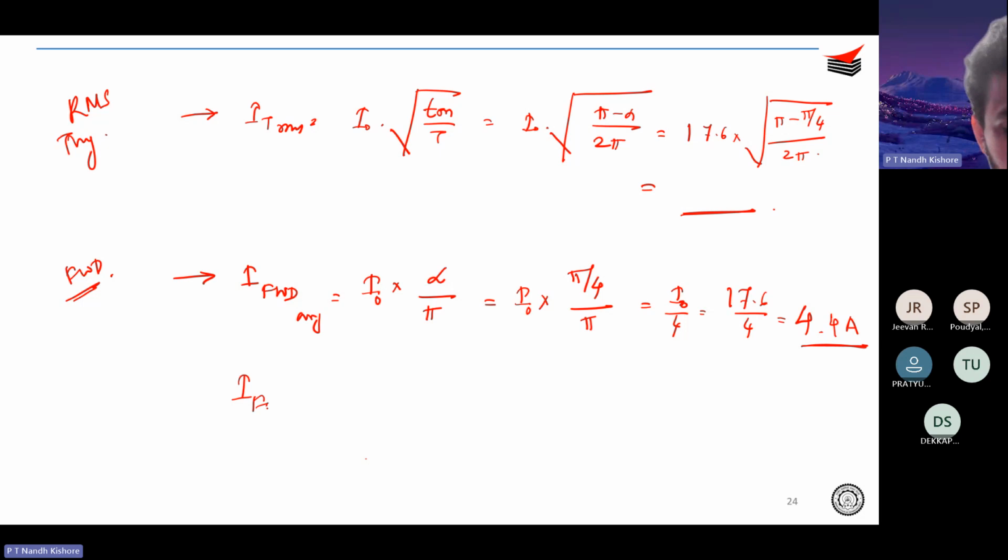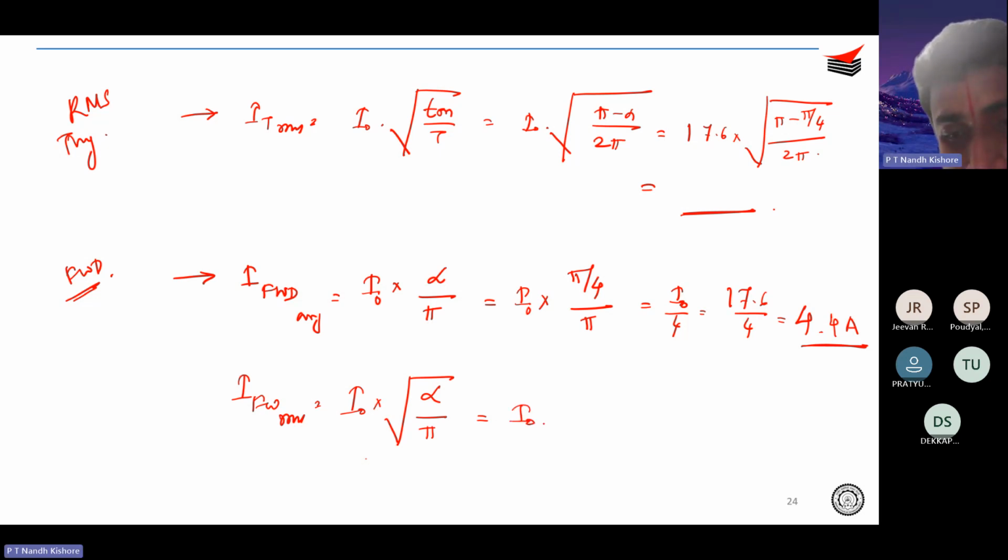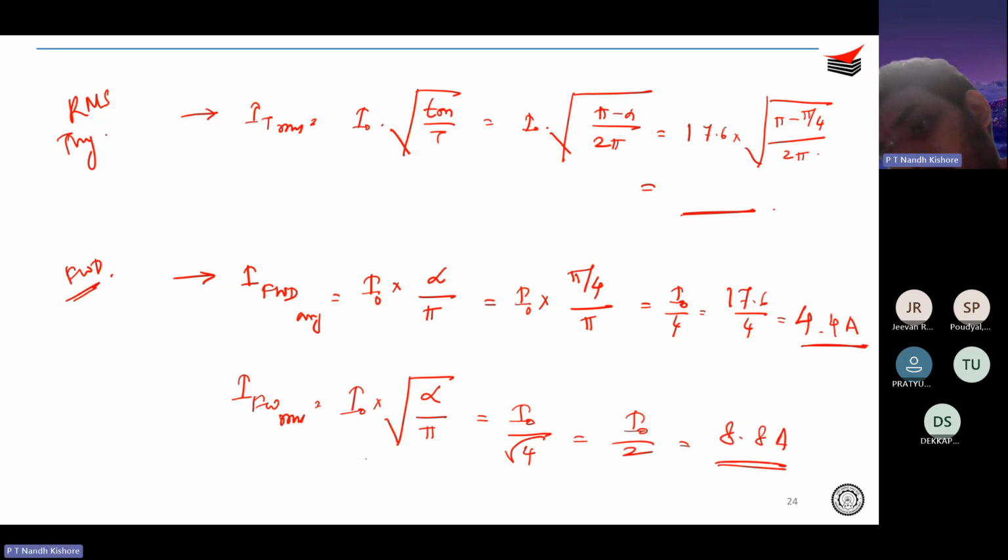And I freewheeling RMS is going to be I naught into root over the same value. Correct? So I naught by root 4, or I naught by 2, which is going to be 8.8 amperes.